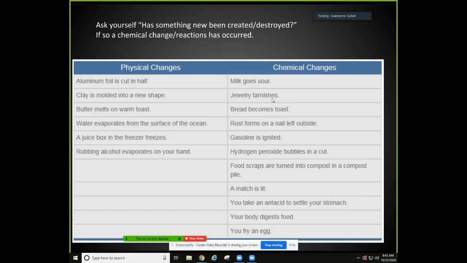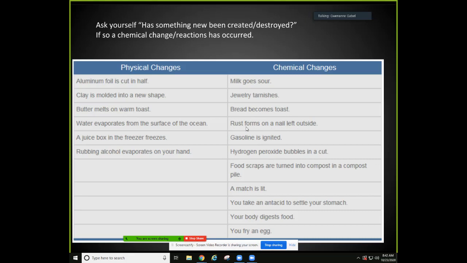But when jewelry tarnishes, it's undergoing oxidation, which is a chemical reaction. Okay? When bread becomes toast, we're burning it, we're applying heat, and we're changing the chemical composition of some parts of the bread. Okay? So this is chemical.